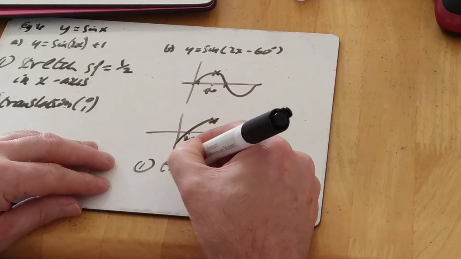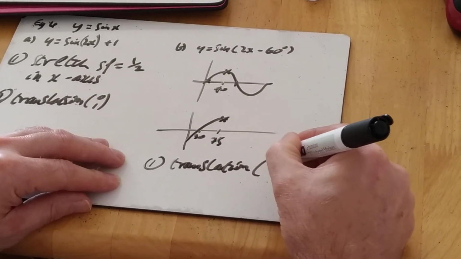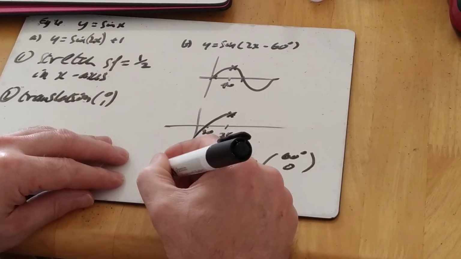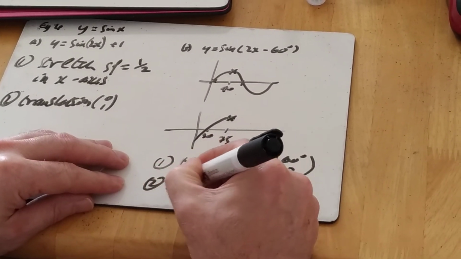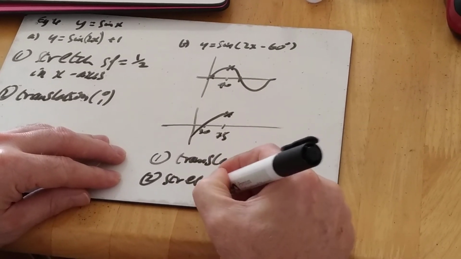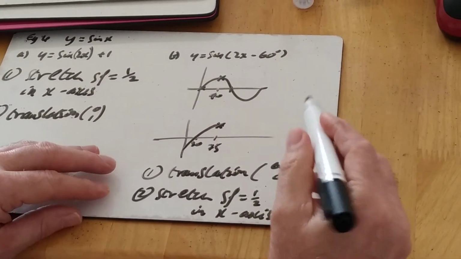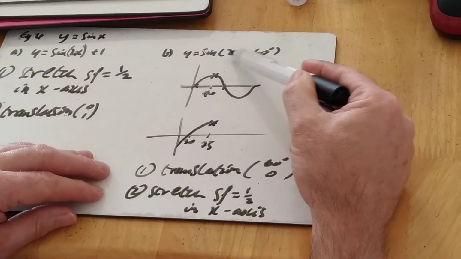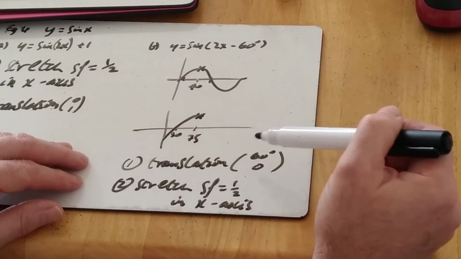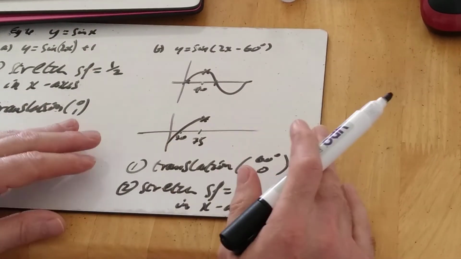It's a translation of 60 degrees, 0 plus 60, and then it's a stretch along the x-axis. So you would think, because the 2 is closer to the x, I'd do the 2 first, I would squish it first and then move it by 60 degrees. No, I'm actually doing the 60 degrees first, and then I'm doing the squishing afterwards.